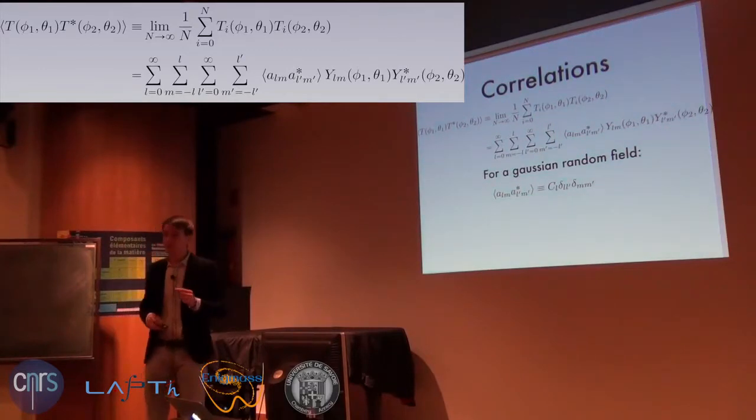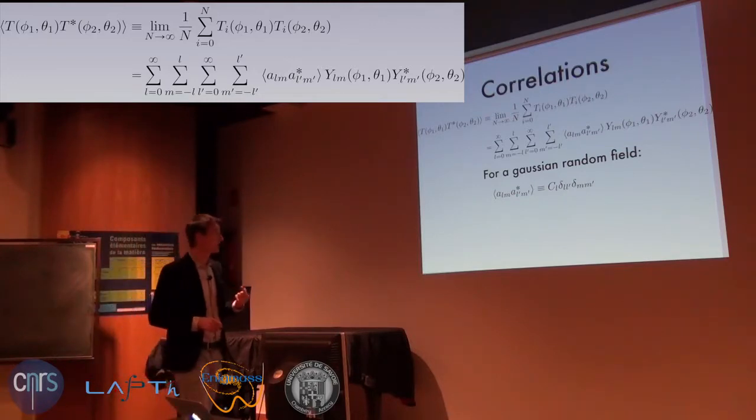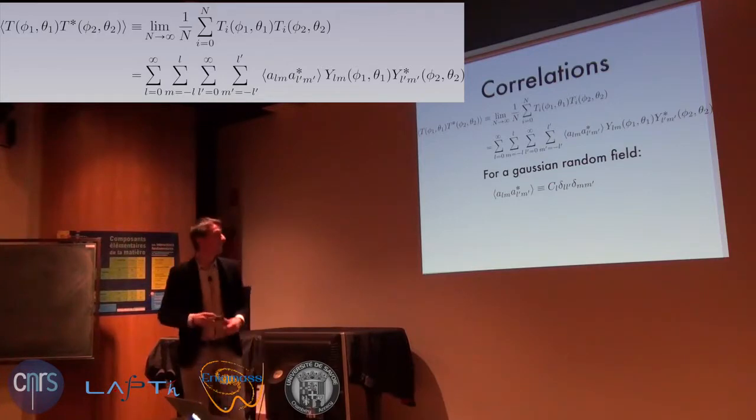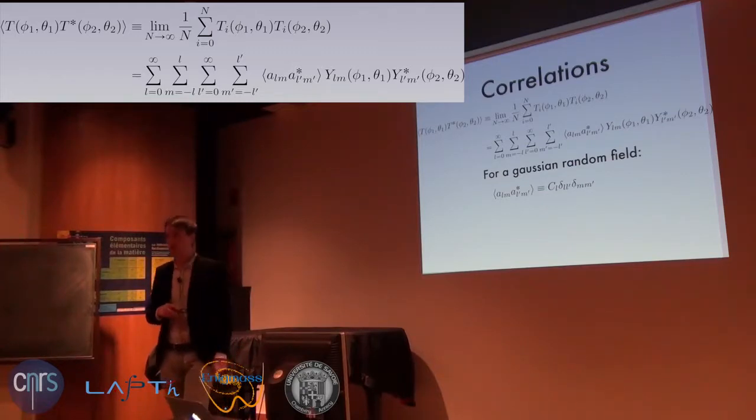Now here comes the if statement. If the cosmic microwave background is generated as a Gaussian random field, but only if, then the cross-correlation of your different ALM, so ALM with the complex conjugate of AL'M', is given by CL, a constant as a function of L, times 2 Kronecker deltas.